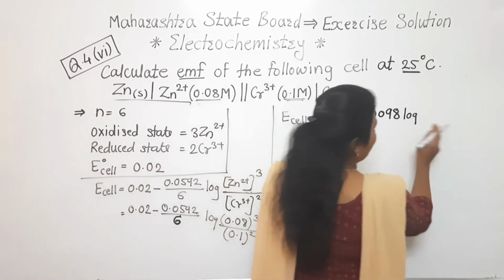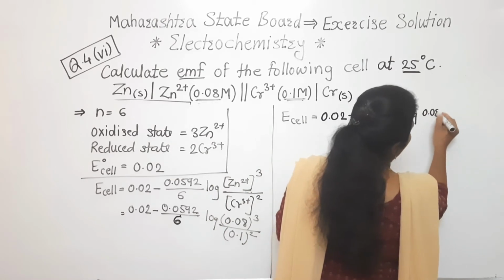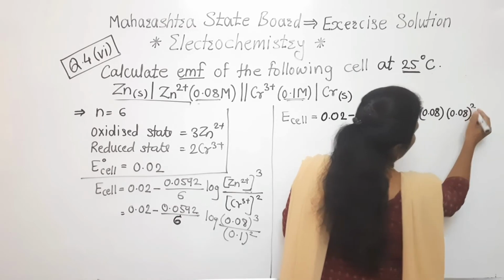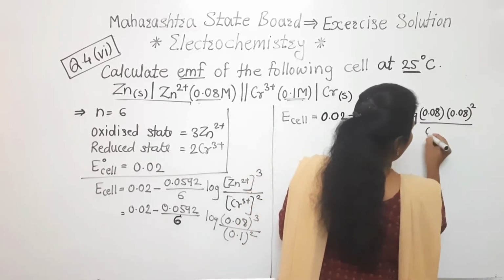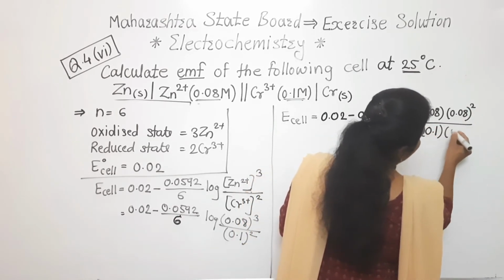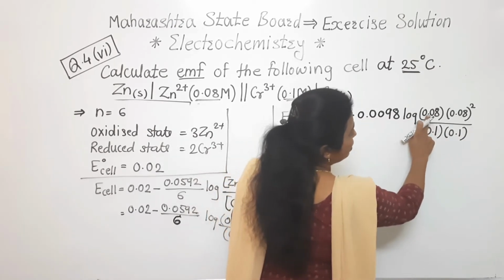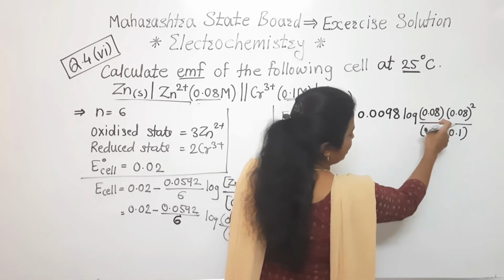Here we will separate this part, 0.08 into 0.08 squared. Why I made it like that, I will explain. 0.1 into 0.1. Here we want to shift the decimal, but here after 2 digits we can shift and here after 1 digit.